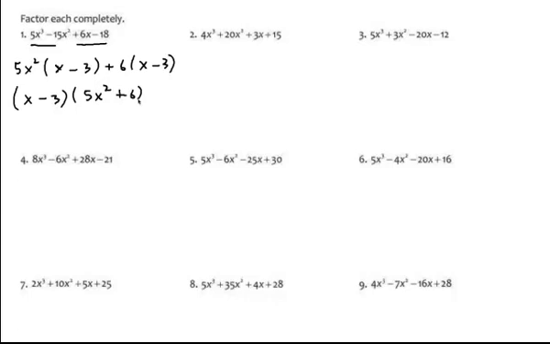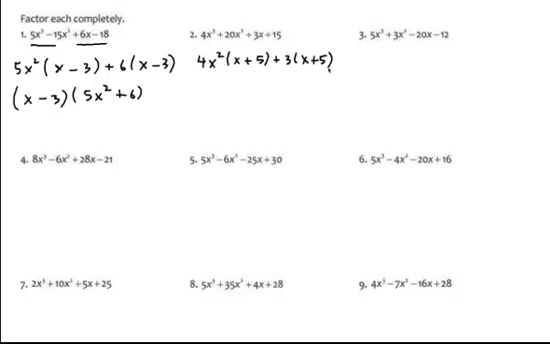Number 2, 4x cubed, take plus the 20x squared, have a 4 and an x squared in common. Take the 4x squared from the 4x cubed, you're down to an x. From the 20x squared, you have plus 5. On the end, the last two terms, 3x and 15, have a 3 in common, with the same x plus 5 when the 3 is factored out of those two terms.